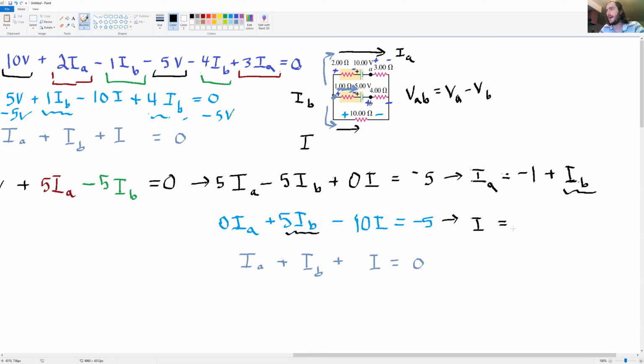Okay, so in order to do that, by solving for I here, we'll end up with 1/2, because we got to divide -5 by -10. And we'll subtract 5IB to the other side, so it will be negative, but we're going to divide by -10. So it's going to be a plus 1/2 IB. Okay. So now what we do is we plug these two into the third equation.